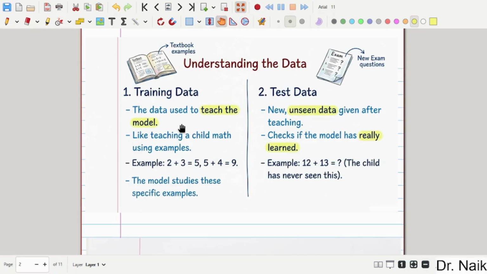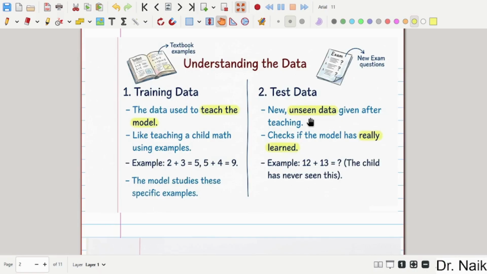But learning alone is not enough. We also need to check whether the model has learned correctly. For that, we use test data. The test data contains new examples that the model has never seen before. Think of it like a school.